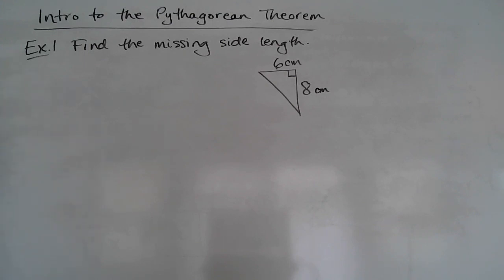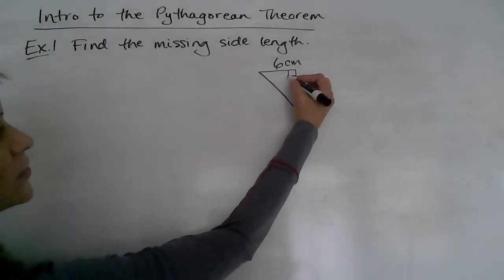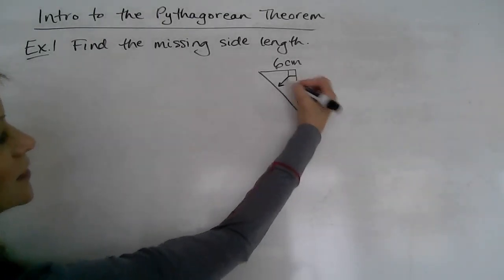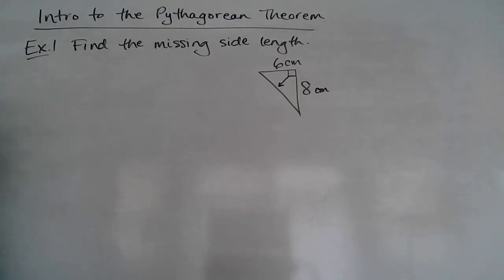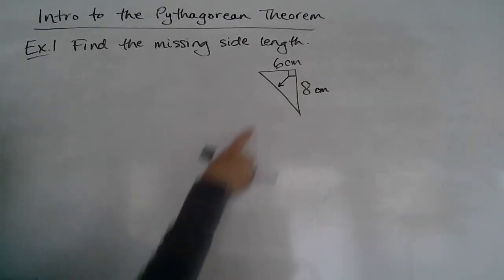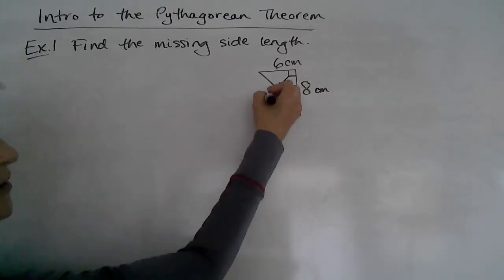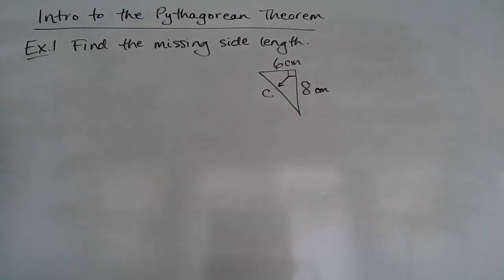We need to realize which side is a, which side is b, and which side is c. Remember, c is the one that's important. c is the one that is always found across from the right angle. So there's our arrow pointing at c, and c is the one that's missing. It's the one that doesn't have a value. Not yet, anyway. We're going to find it.